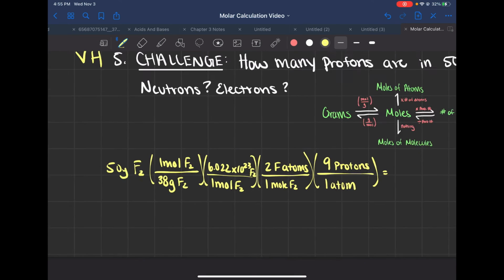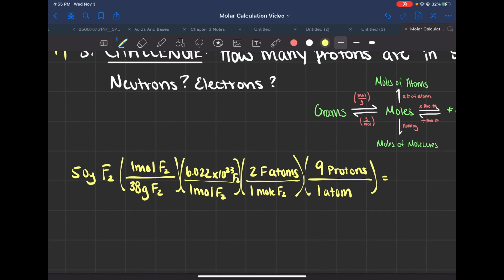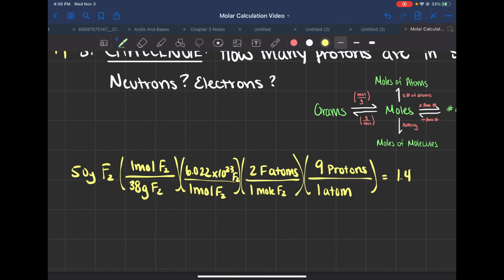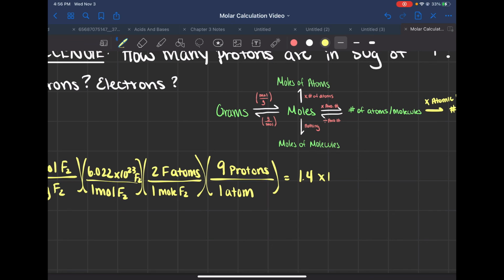So it's a lot of math, but let's do it. 50 divided by 38 times 6.022 E to the 23rd, times 2, times 9, and we get 1.4 times 10 to the 25th protons.